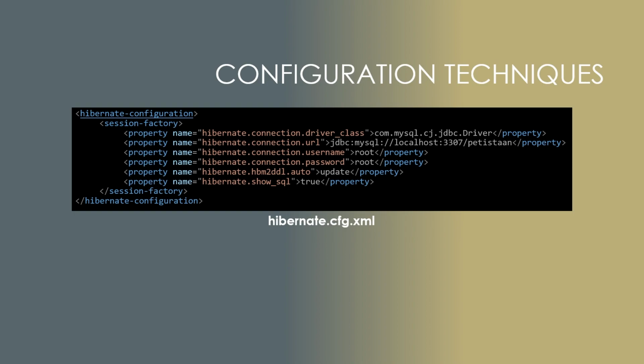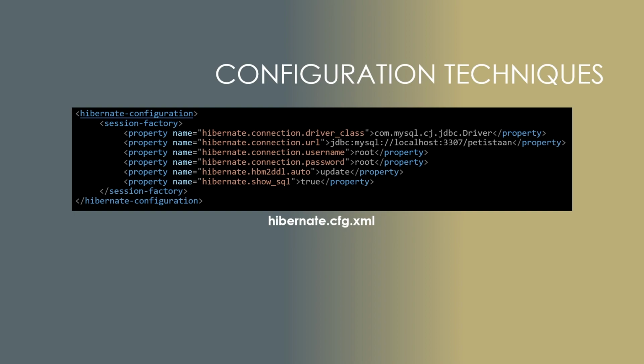So generally if you remember when we were working with JDBC, at that time we were also using these properties. We were mentioning the driver name, the database URL, username, password, so all these we were using. Then what is this HBM2DDL, that I will show while I am coding. Then this is show SQL, I'll tell you while we are going to code, but this is one of the ways for XML. Now only writing this is not enough.